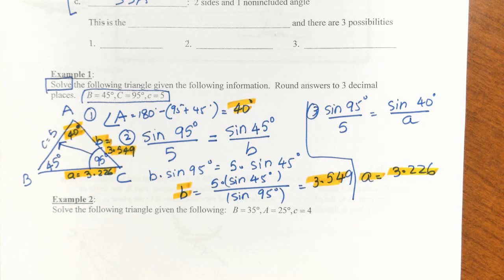Did anybody not get A and want to see the work? I'll be glad to show the work. Now we're good. Can I move to example 2?